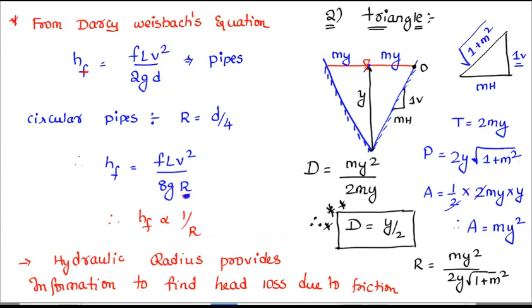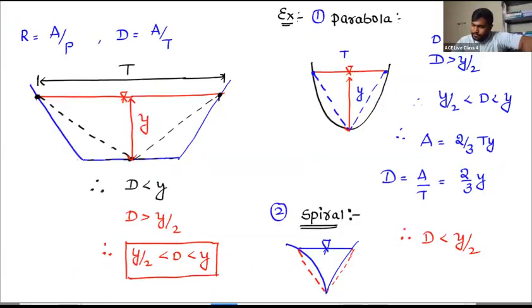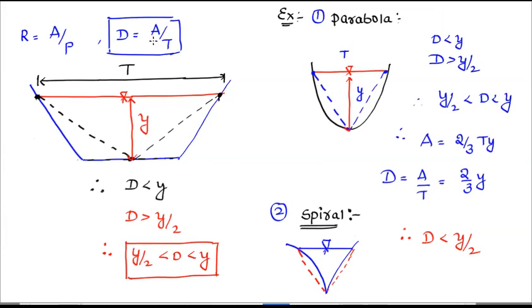Amit, tell me. Sir, why do we find the range of hydraulic depth by inscribing a triangle in a trapezoidal section? I couldn't get that point. You observe this point clearly. What is hydraulic depth? D is A by T. Now, for the triangle and trapezoidal, I am keeping the same top width.